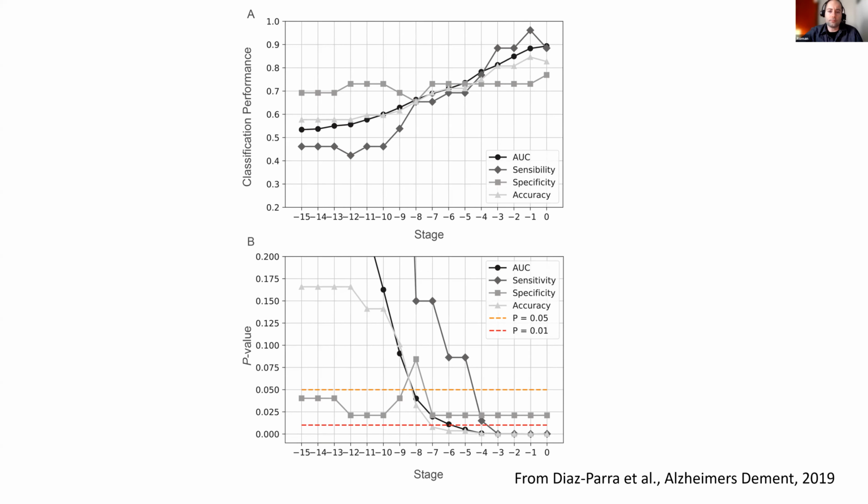And this is also statistically shown here. The p-value becomes very small here at -5, -4 years or stages.